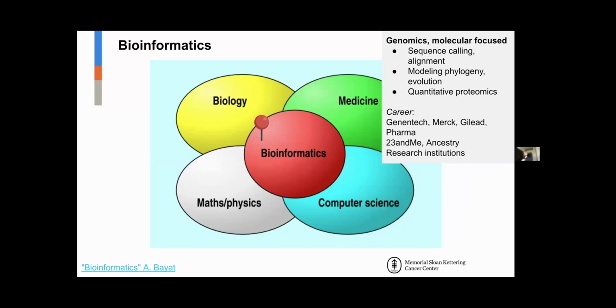I think of bioinformatics in two different realms, really, and especially at MSK, you have a more genomics or molecular biology focused track, where bioinformatics is utilized to do the sequence calling.